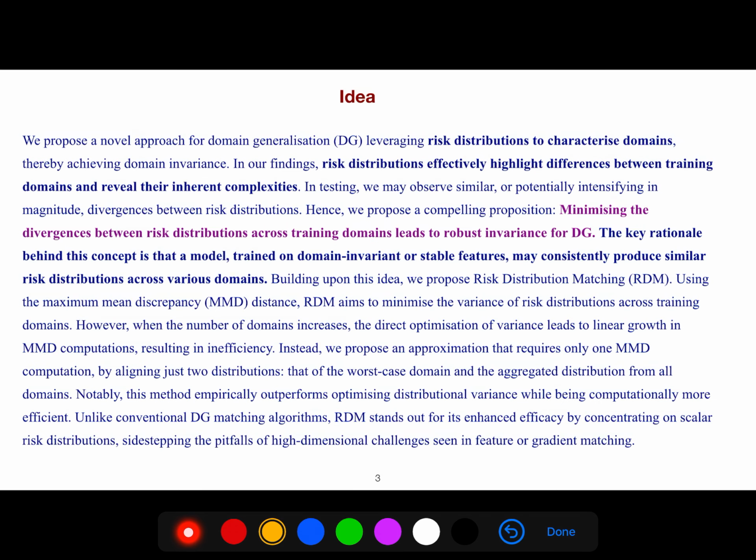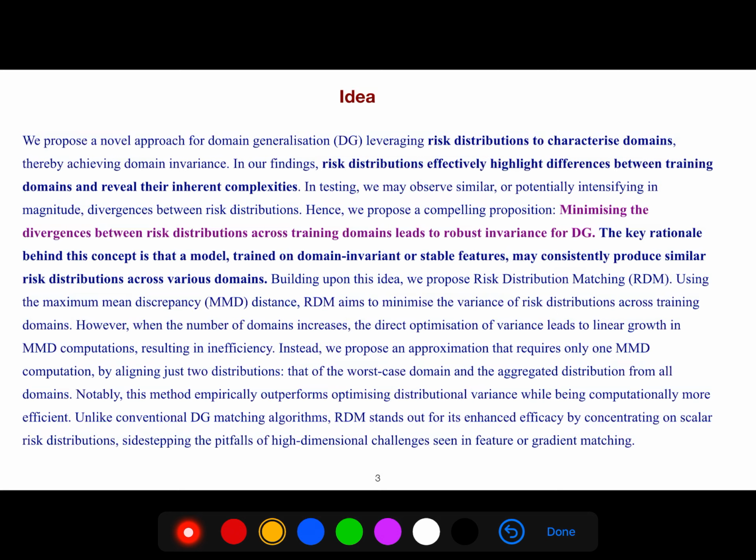So we propose a novel approach for domain generalization, leveraging risk distributions to characterize domains, thereby achieving domain invariance. In our findings, risk distributions effectively highlight differences between training domains and reveal their inherent complexities.